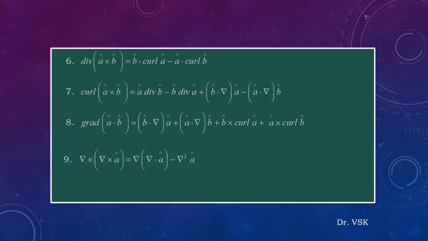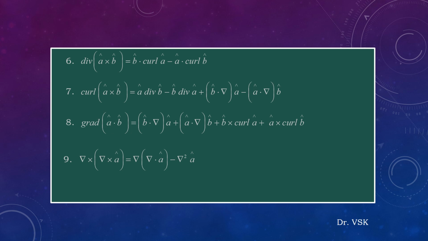Let us take the 6th identity. In this 6th identity, let's consider 2 vector fields, say A cap and B cap. Their cross product A cap cross B cap produces a vector field. Because it's a vector field, we can apply divergence operator on it and also curl operator on it.